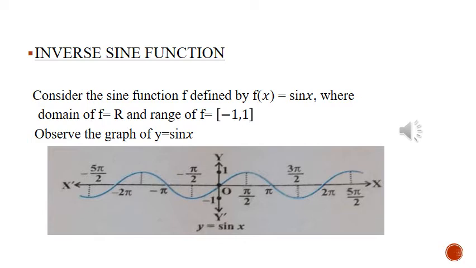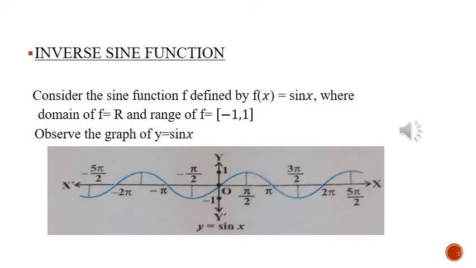When x is 0, sin x is 0. When x is π, sin π equals 0. When x is 2π, sin 2π equals 0. So different x values from the real numbers give y = sin x equal to 0. So different elements have the same image.